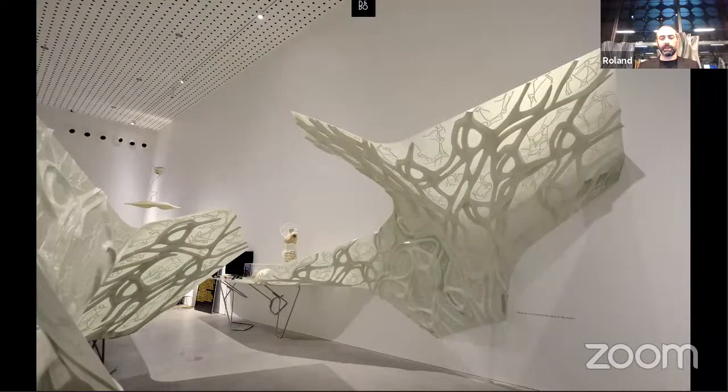We were asked by the Design Hub Gallery to scale up that process and to create an installation for an exhibition called The Future Is Here. It was an exhibition that originally came from the Design Museum in London, looking at the implications of additive manufacturing and advanced manufacturing in architecture, design, and the arts.